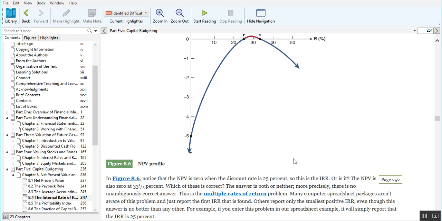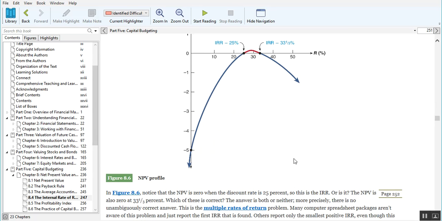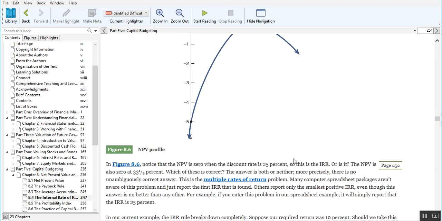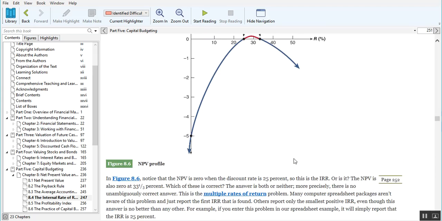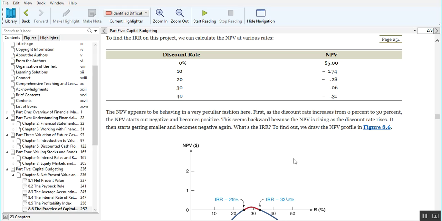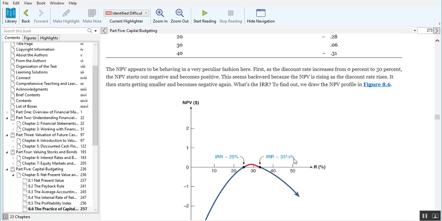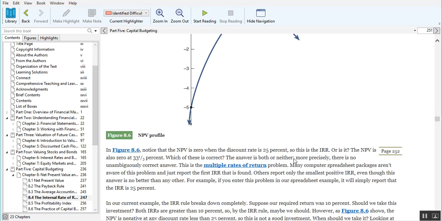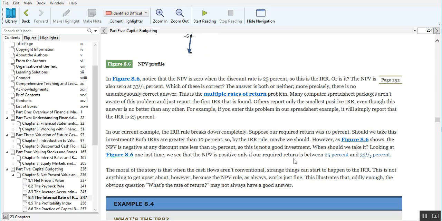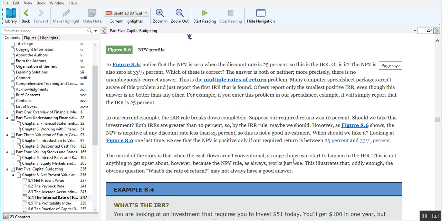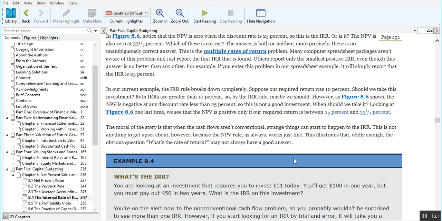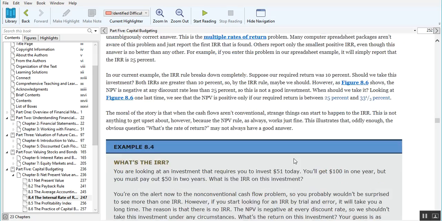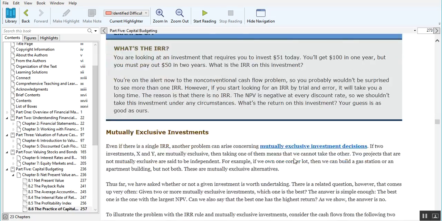It's in between. That's because this is an unconventional cash flow. The curve looks odd. So again, this is a problem where you have multiple rates of return. You may have more than one where the net present value is 0, and it can happen, especially in this kind of a case.